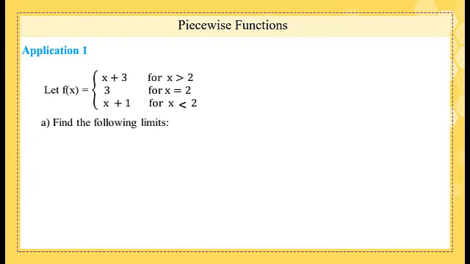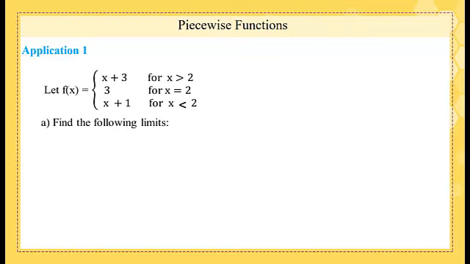Application 1. Let f of x be the function defined by x plus 3 for x greater than 2, defined by 3 when x equals 2, and defined by x plus 1 when x is less than 2.